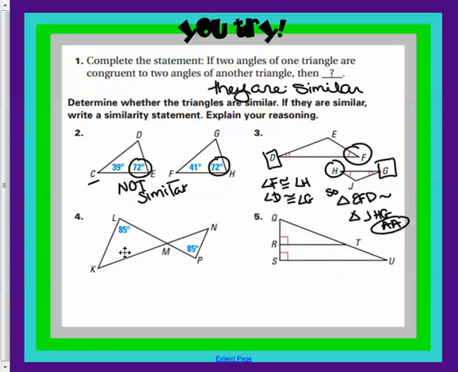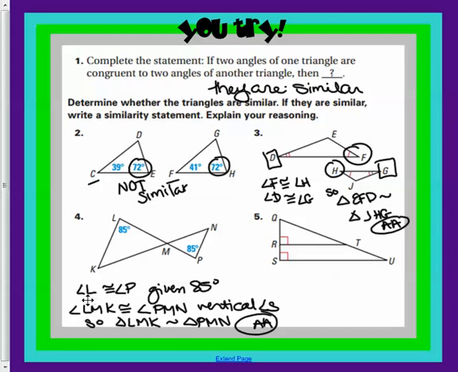Down here, this one is also similar. Angle L is congruent to angle P because it's given at 85 degrees. Angle LMK is congruent to PMN because of vertical angles, like so. So we know two angles, so triangle LMK is similar to triangle PMN at angle-angle.